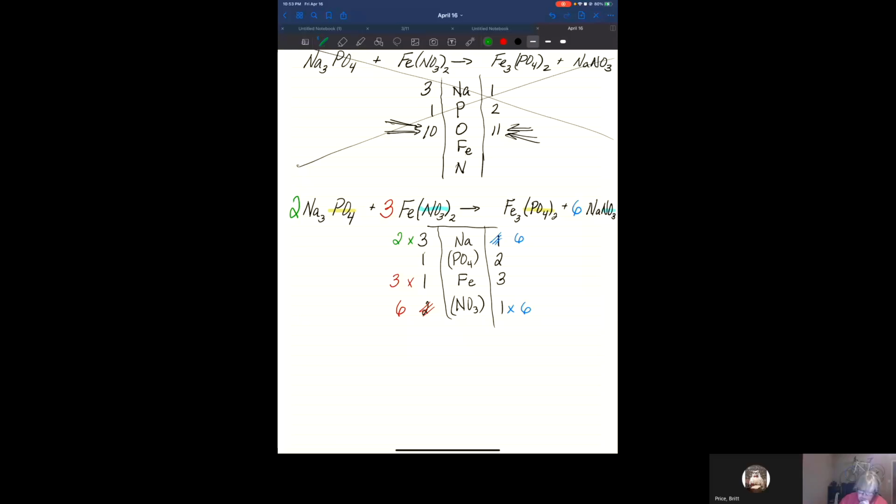Well, that's going to change my phosphate count. My phosphate count's now 2. Notice what did not get quote unquote balanced. What didn't I have to change? I didn't change the phosphate on the product side. I didn't change the iron on the product side.